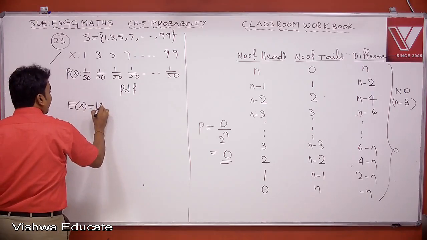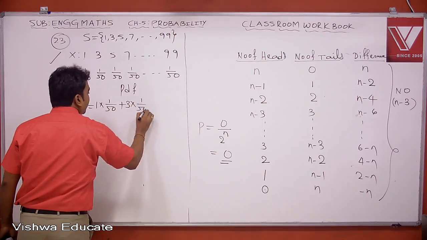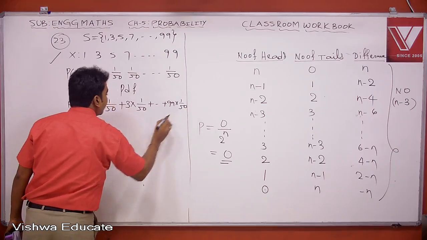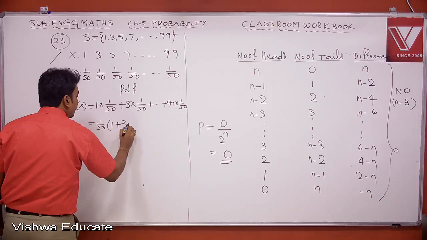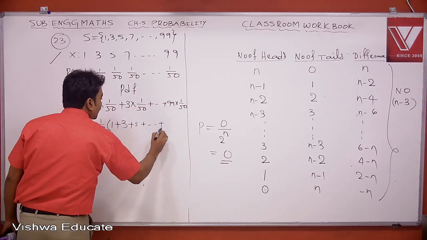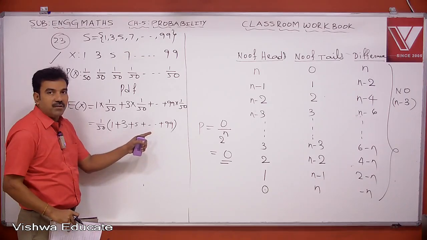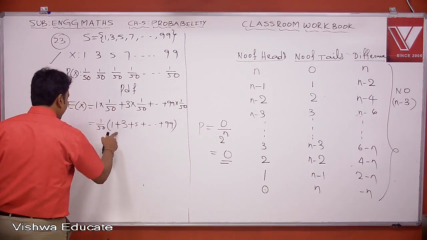Expectation: 1 into 1 by 50 plus 3 into 1 by 50 plus and so on plus 99 into 1 by 50. Now we can take 1 by 50 common. This is 1 plus 3 plus 5 plus and so on plus 99. So what is the sum of the first 50 odd numbers? We have some result. Let us see.